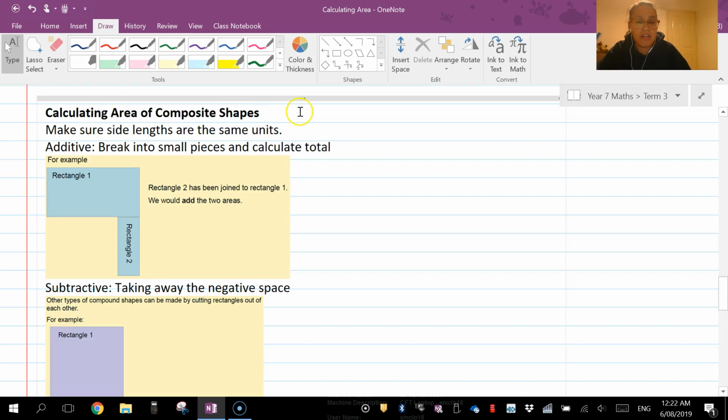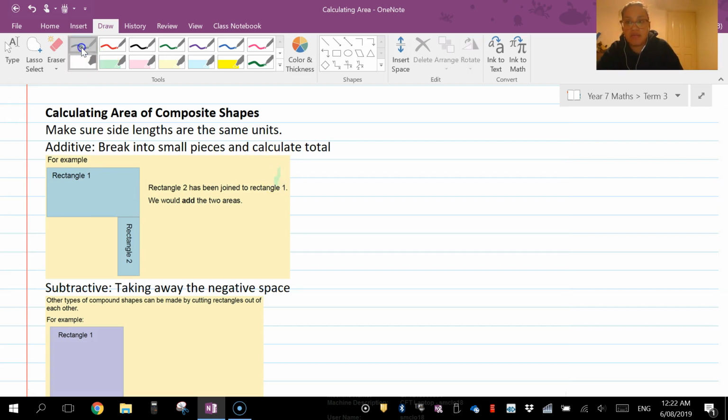With calculating area of composite shapes, you're going to make sure that your side lengths are in the same unit. So just be careful. You might end up getting a standard L-shaped configuration, but it might have 50 centimeters and 3.2 meters.